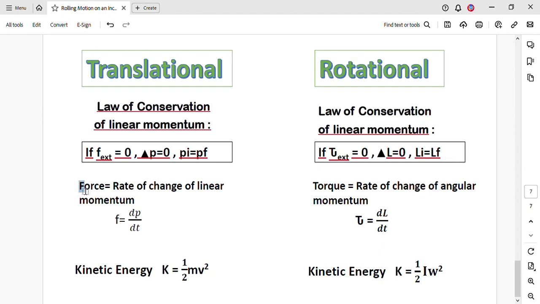Force is the rate of change of linear momentum, F equal to dp by dt. Torque is the rate of change of angular momentum, torque equal to dL by dt. Kinetic energy is K equal to half mv square, and in rotation motion kinetic energy is half I omega square. What is I? I is the moment of inertia.